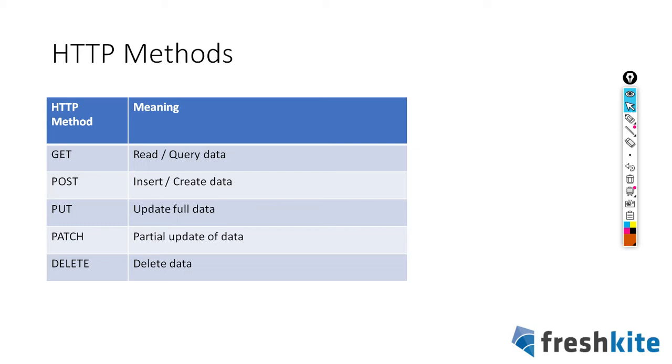Suppose you are creating your Gmail username login. Your username and login should be stored in the Google Gmail server. So to store information in the server, you will use the POST method. So these are the different methods available.